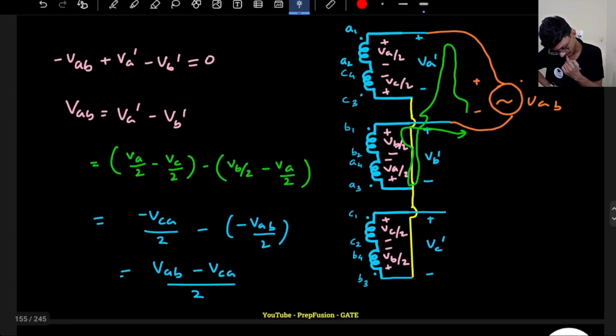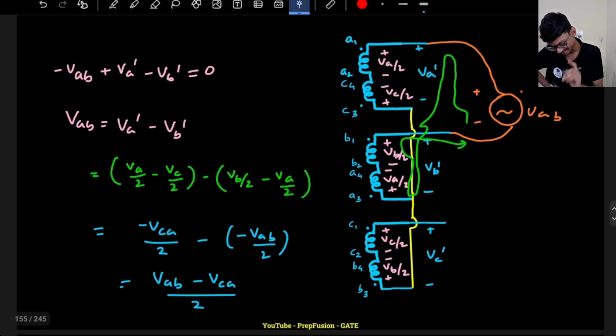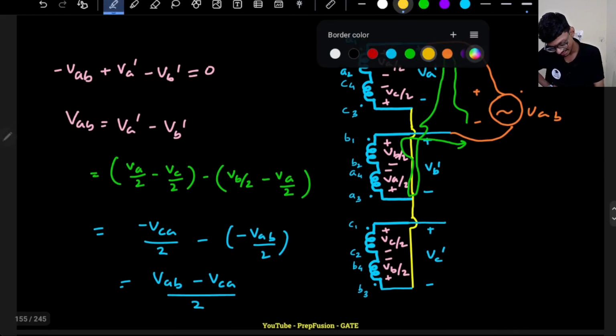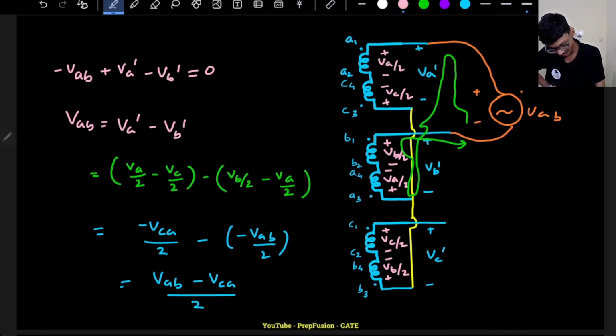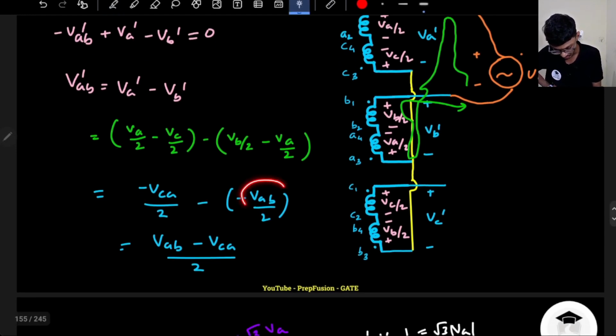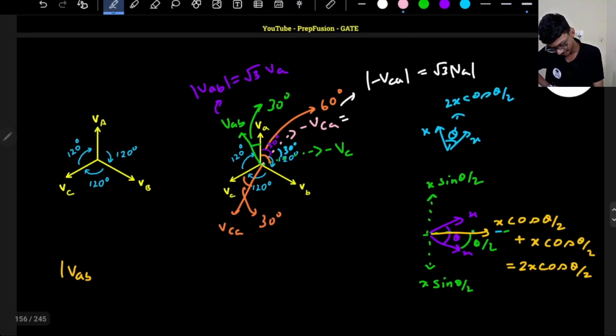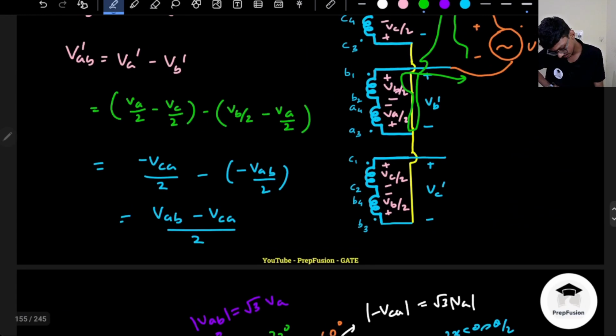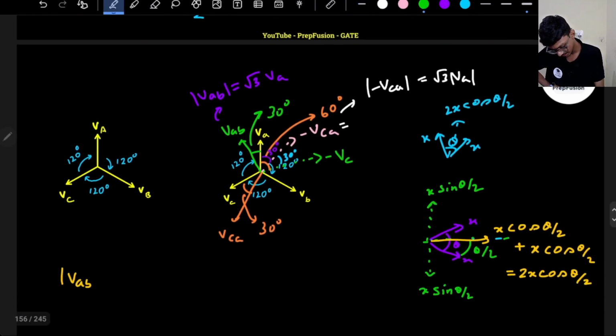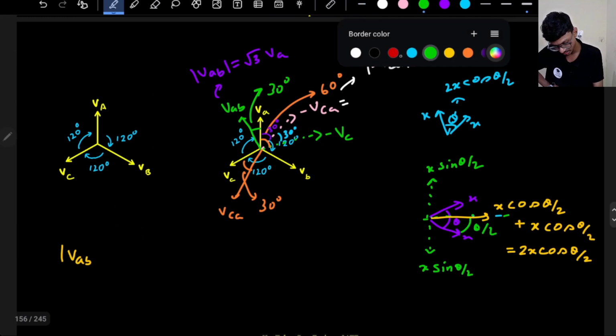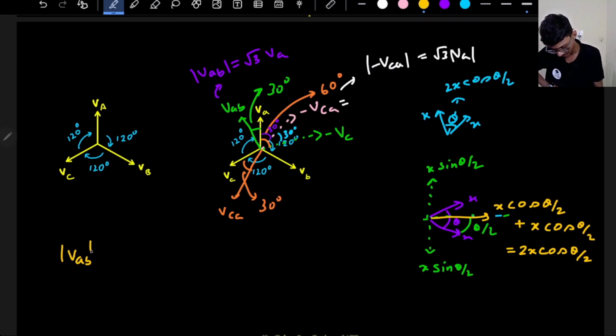Actually that would have been a better representation, otherwise you will get confused between this VAB and this VAB dash. I'm really sorry. So the resultant is VAB dash.